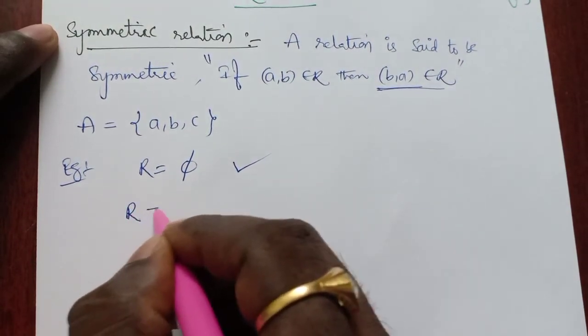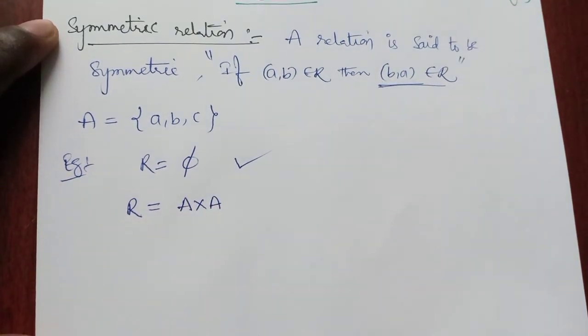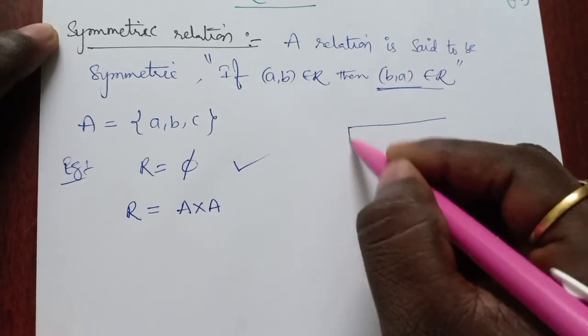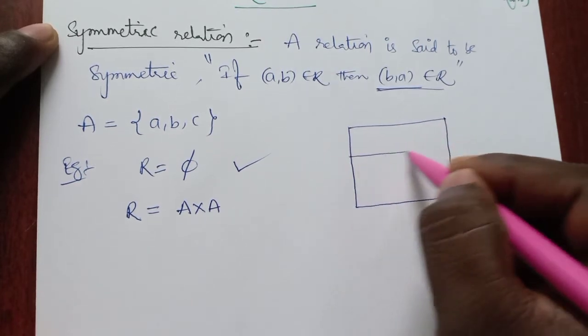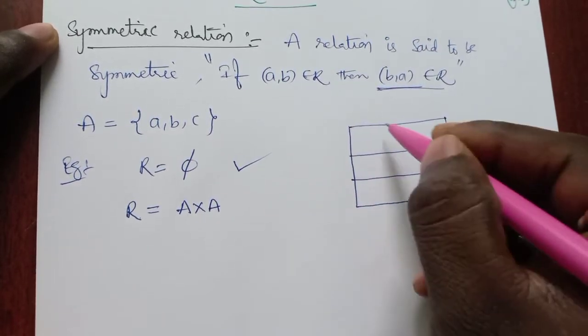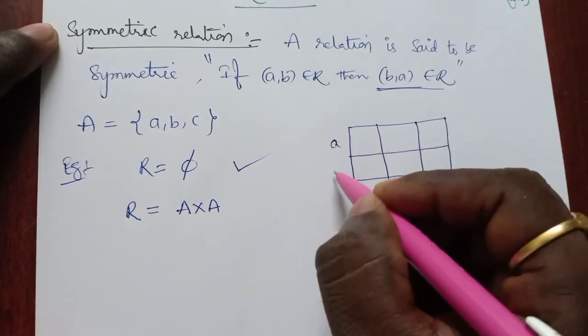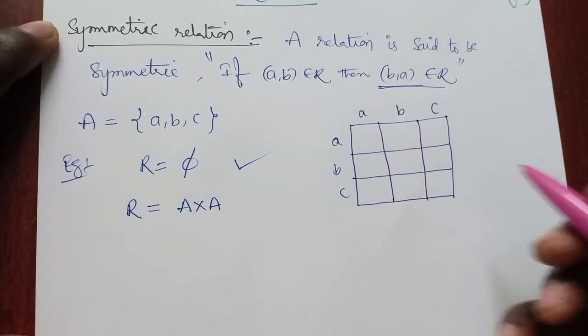Now coming to the second example, that is R equals A cross A. So what is A cross A? Let us check this diagram. Now the elements are a, b, c, and here also a, b, c.